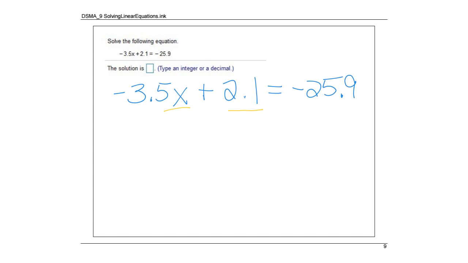On the right-hand side, we just have a number. So let's go ahead and move that 2.1 because we want to get the variable by itself. Right, I'm going to subtract 2.1 because in the problem it's plus 2.1 and I want that to be 0. I only want the variable on this side.